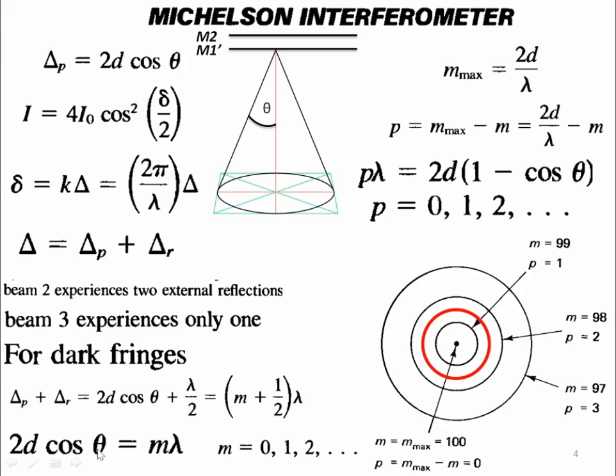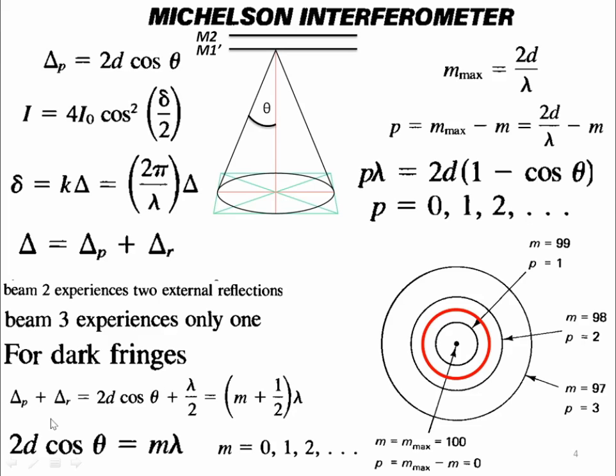So you will find that if we increase d, now theta is fixed, lambda is fixed, correct? You are supposed to be taking a light of a specific wavelength. You are doing the experiment with a monochromatic beam, so you will have the bright and dark fringes of that specific color.